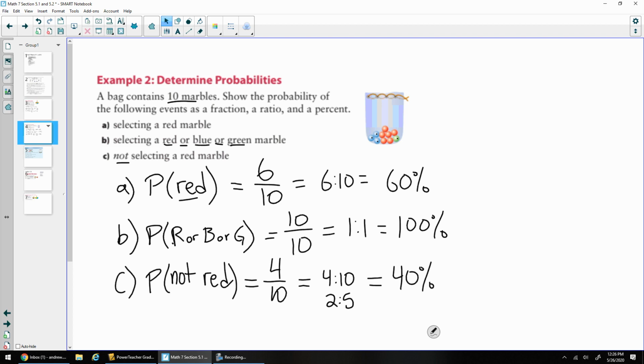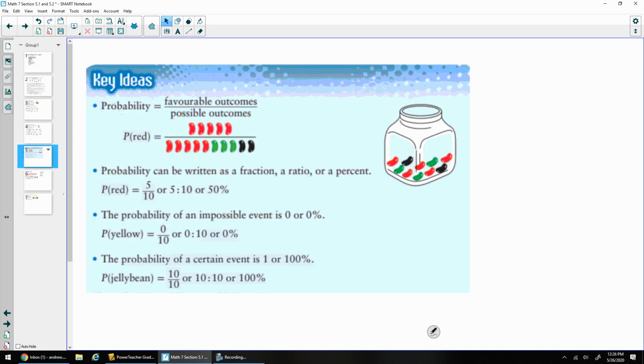Okay, so if that makes sense, this notation is something that you'll have to get used to and understand. The big P means the probability of whatever, and then we're looking for the outcome inside there. That's the favorable outcome. Just quickly looking at these key ideas, your probability is the favorable outcomes divided by the possible outcomes. This is the main thing.